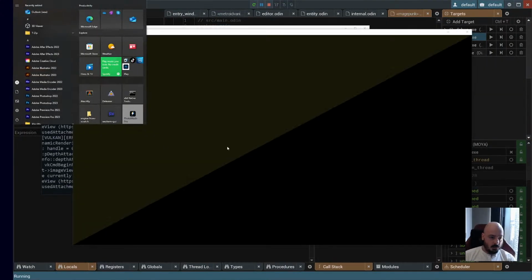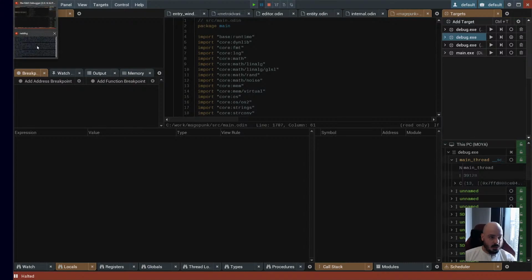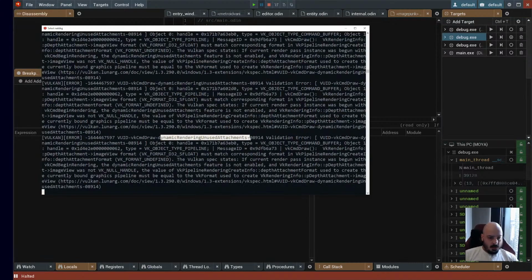Okay, let's read that again. Maybe I just misread that or read it too quickly. Okay, so we're not using the depth attachment. The format must match the corresponding format in rendering pipeline create info depth attachment format, which is undefined. If the current render pass instance was begun with begin rendering, the unused attachments feature is enabled.